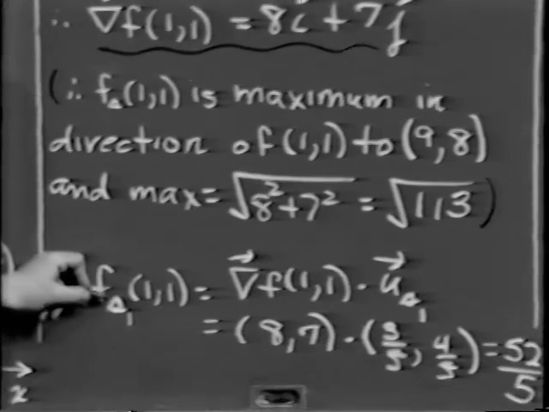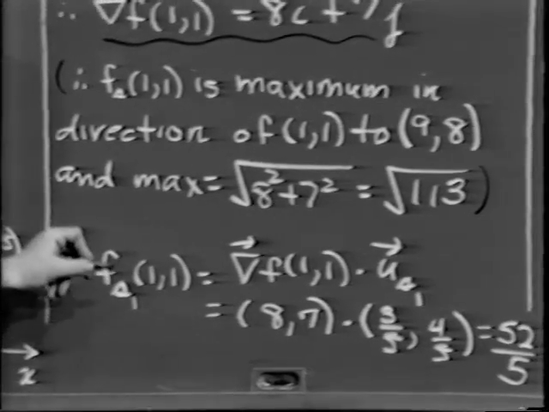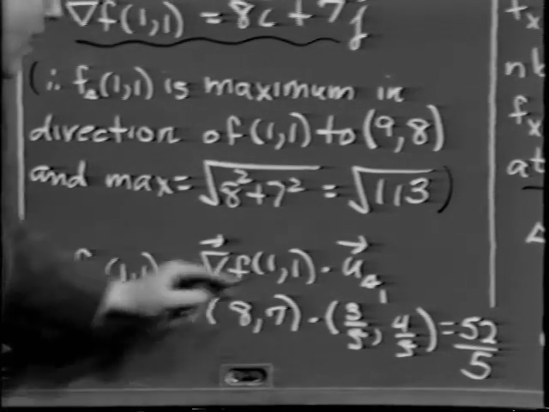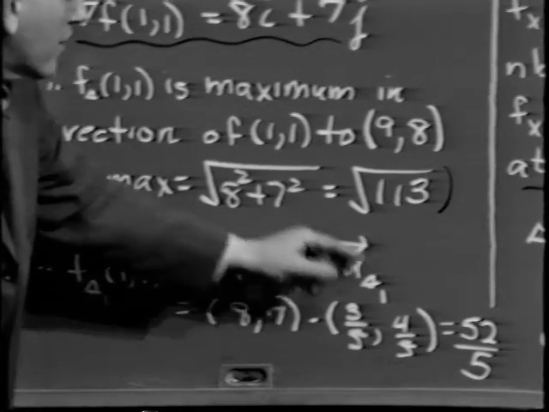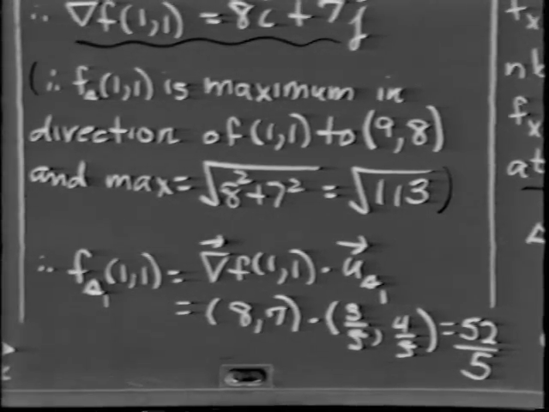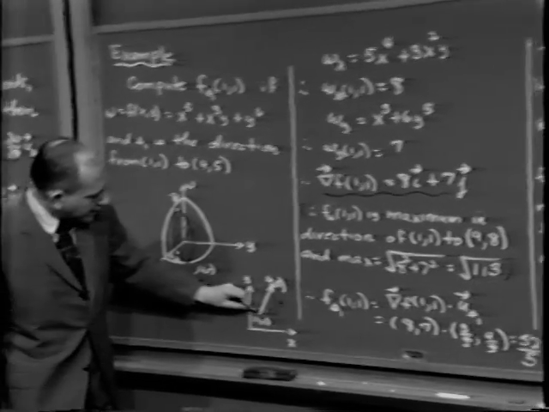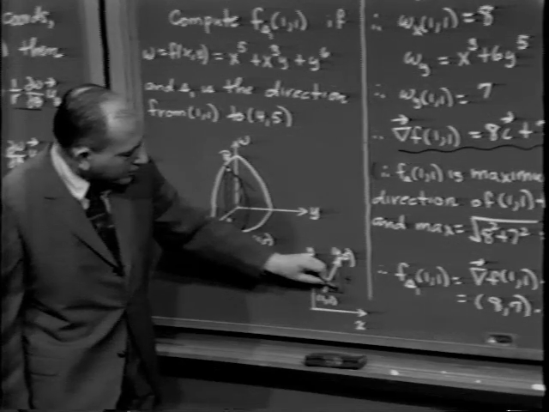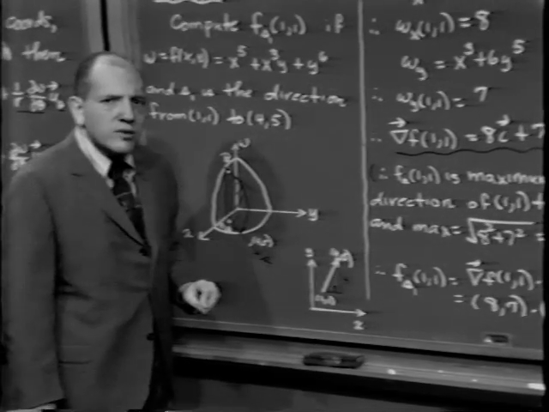At any rate, getting back to the mainstream of the problem, what we want is a directional derivative in the direction of S1. That means what? We take our gradient vector, which is (8, 7), and dot that with the unit vector in the direction of S1. You may recall from this diagram here that the vector in the direction of S1 has its i component equal to 3, its j component equal to 4.